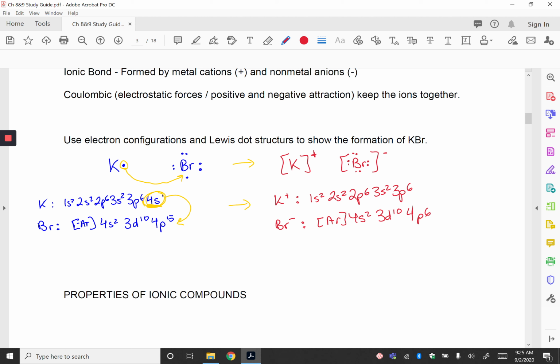And so we've made both of those more stable, and so KBr is more stable and is much lower in energy than neutral potassium and bromine. And so that's why potassium and bromine will bond together to form potassium bromide.